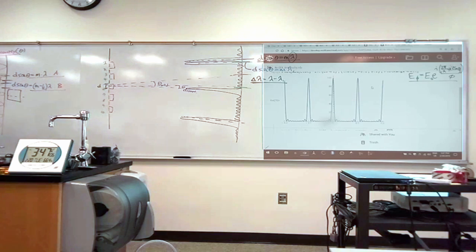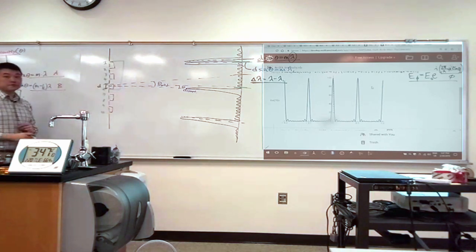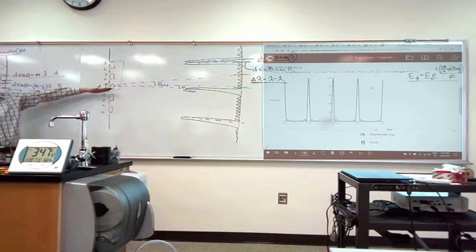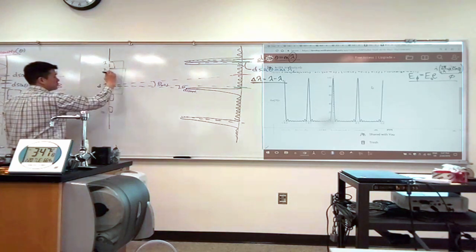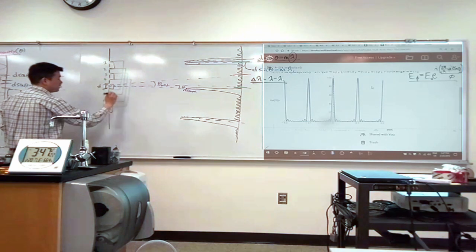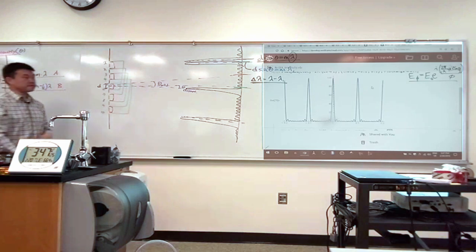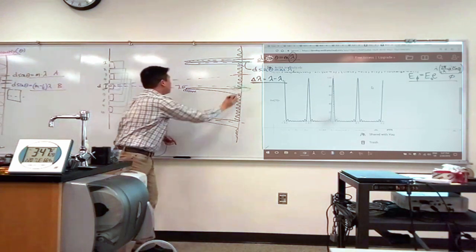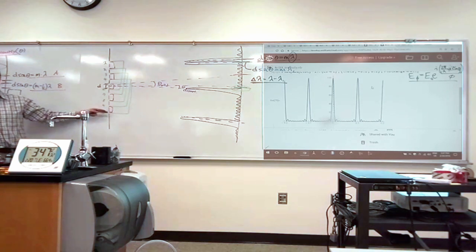So I would pair them up this way: 1 and 6, arranged in such a way that these two destructively interfere. 2 and 7, 3 and 8, 4 and 9, 5 and 10. This is the spot where slits paired this way destructively interfere.